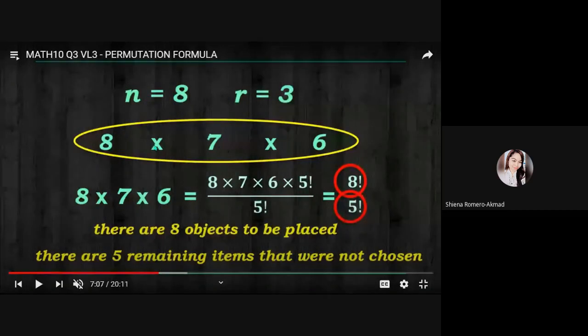Permutation means taking n objects, I mean, 8 objects, and taking r at a time. So 8 here, sa denominator, pwede natin gawing 8 minus 3 to get 5. Or sabihin na natin, sa numerator, we have n factorial. Sa baba, for us to get 5, we can have n minus r factorial.